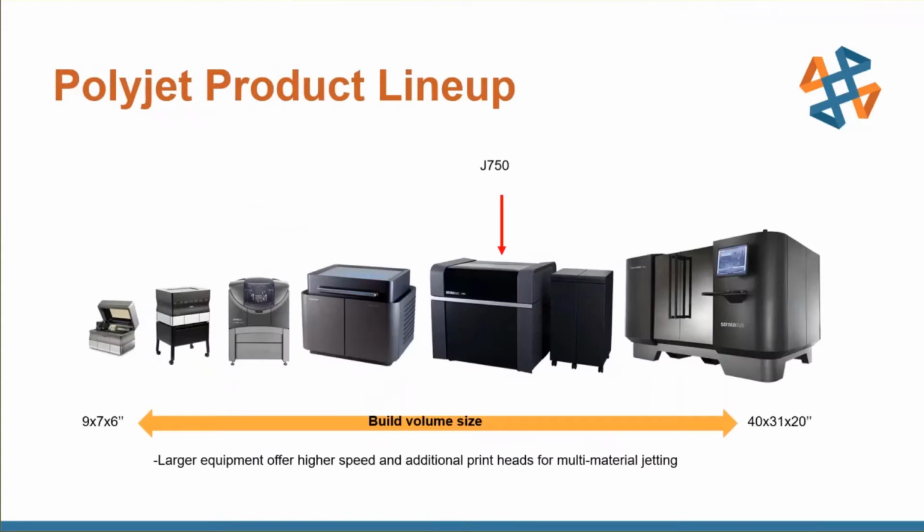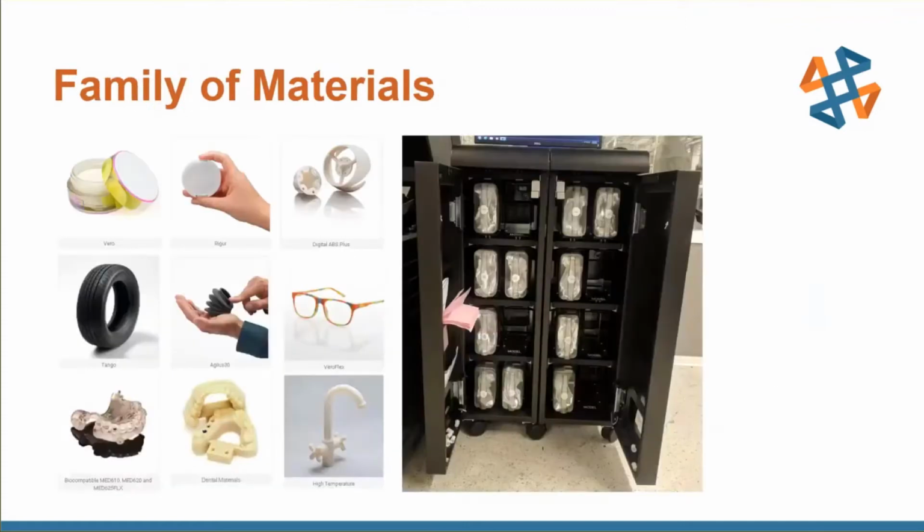And here's what the PolyJet product lineup looks like. The J-series machines are where we see these full color solutions coming into play. It's certainly the most impressive out there in terms of color, material selection, and vividness. We have a range of materials to select from.